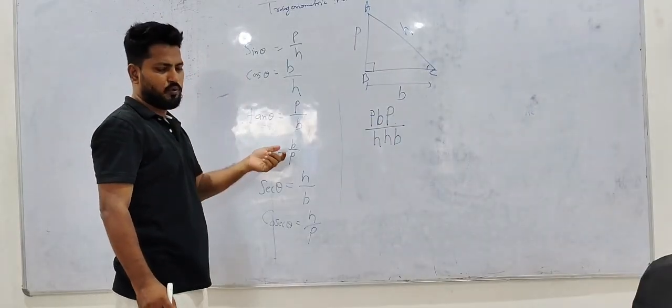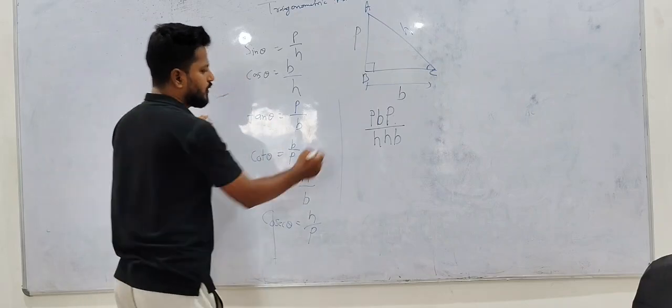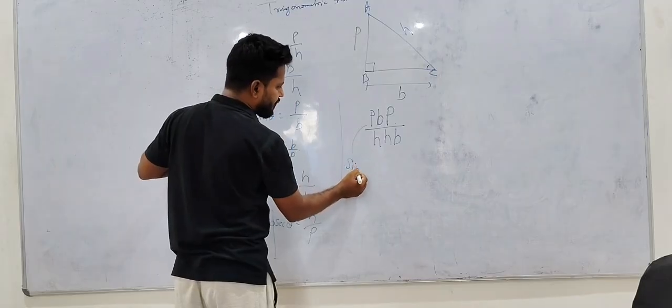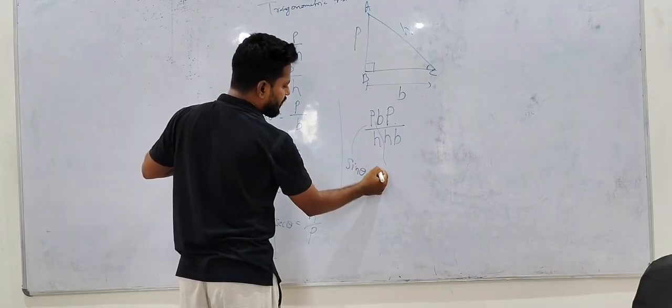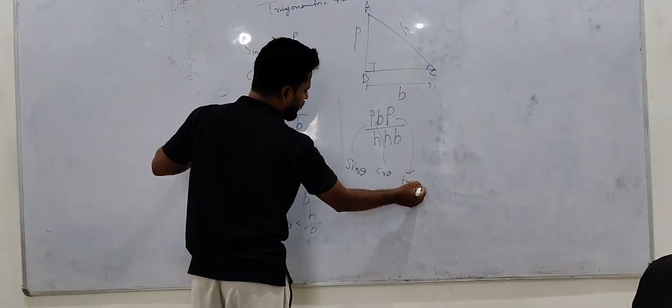You can also use it to find out the ratios of these three, and you will use reciprocal to find out the other three. So this is for sine, this is for cos theta, and this is for tan theta.